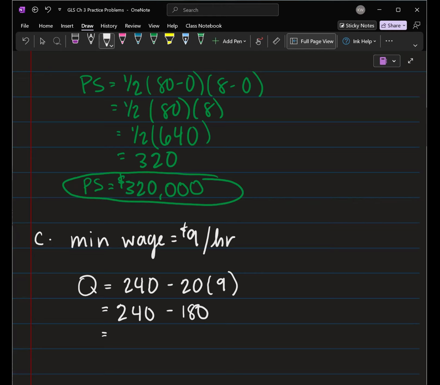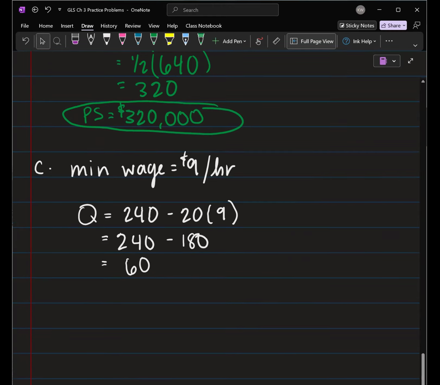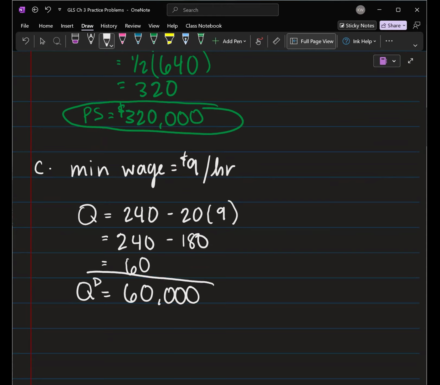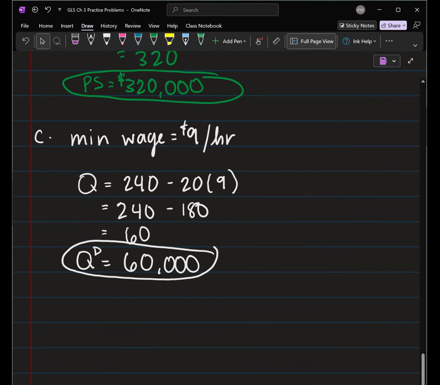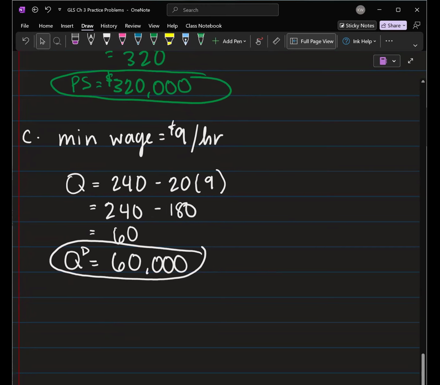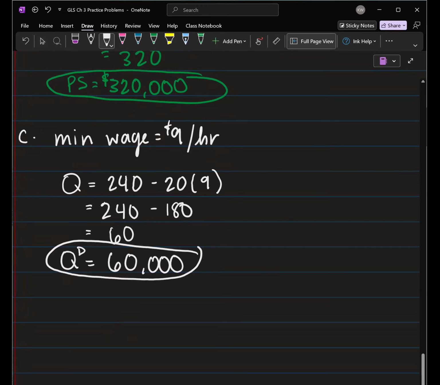Then subtracting 180 from 240 leaves us with 60. Since our quantity units are measured in thousands, we multiply 60 by 1,000. So quantity demanded at $9 per hour is 60,000, down from 80,000. Employers want to hire fewer people when the minimum wage goes up by $1 in this market.